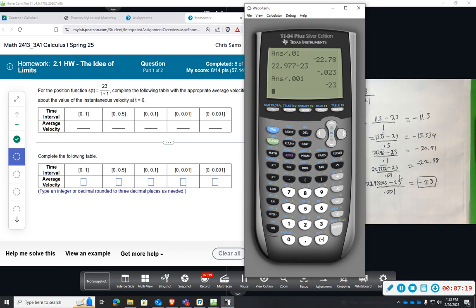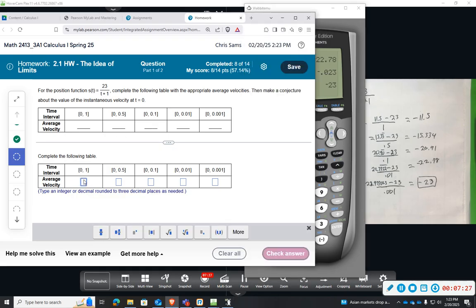So we can see that each time the average rate of change, or that velocity, is approaching this negative 23. And so we'll type in these values: 15.334, 20.91, 22.78, and then negative 23.